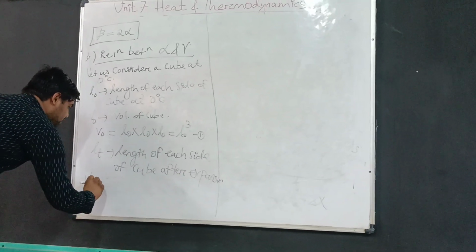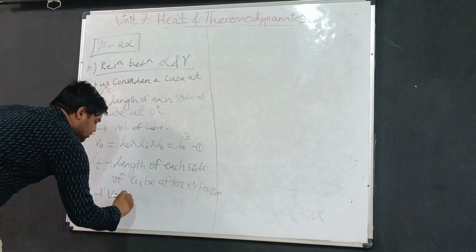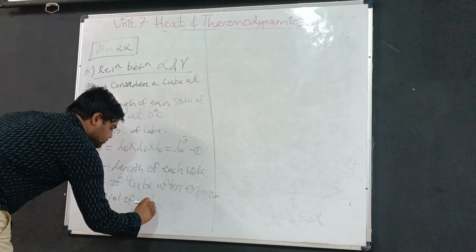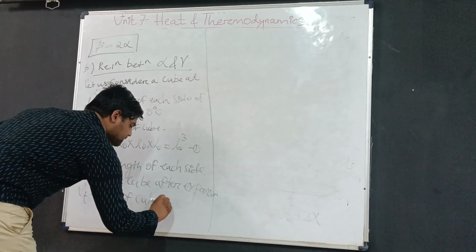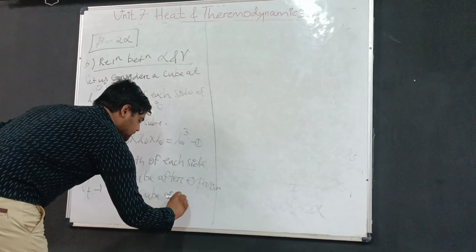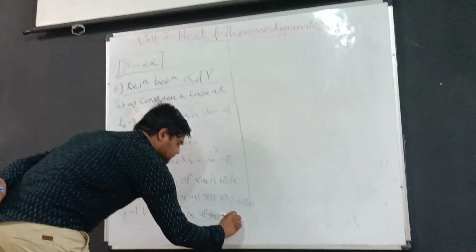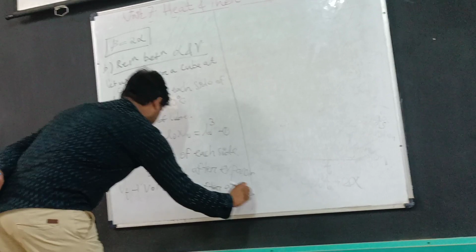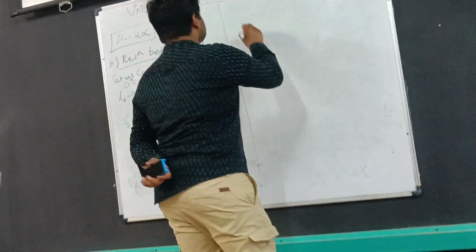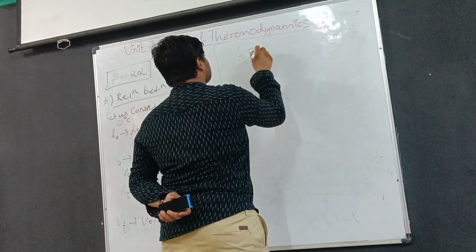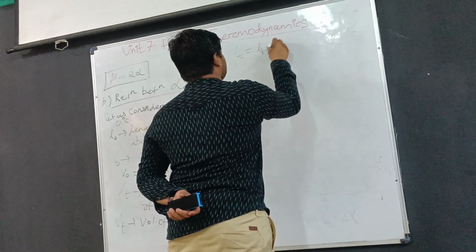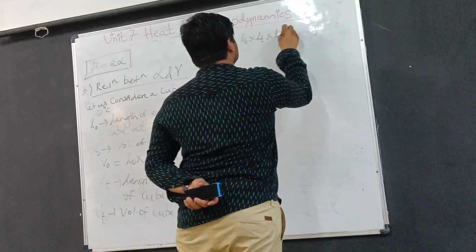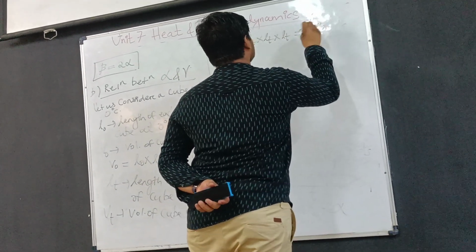Similarly, Vt will be the volume of the cube after expansion. So Vt will be Lt into Lt into Lt, that is Lt cube.